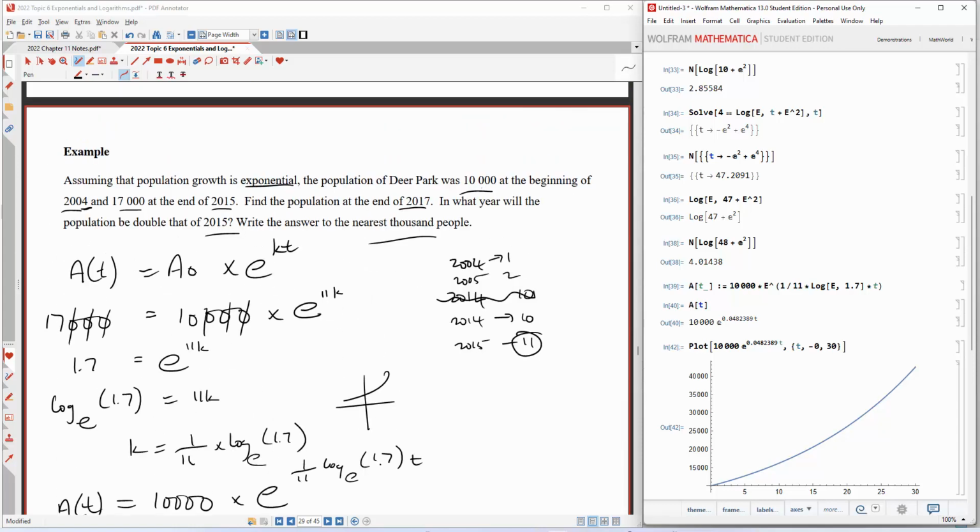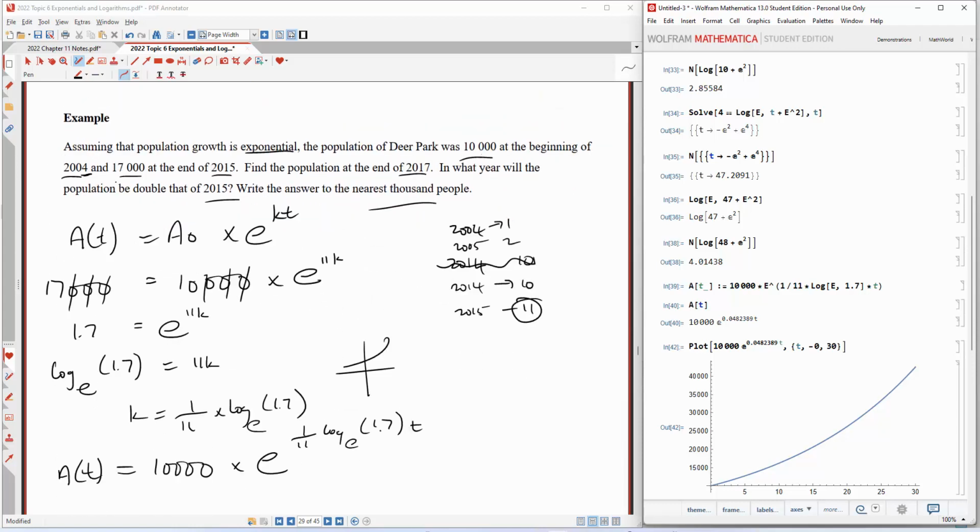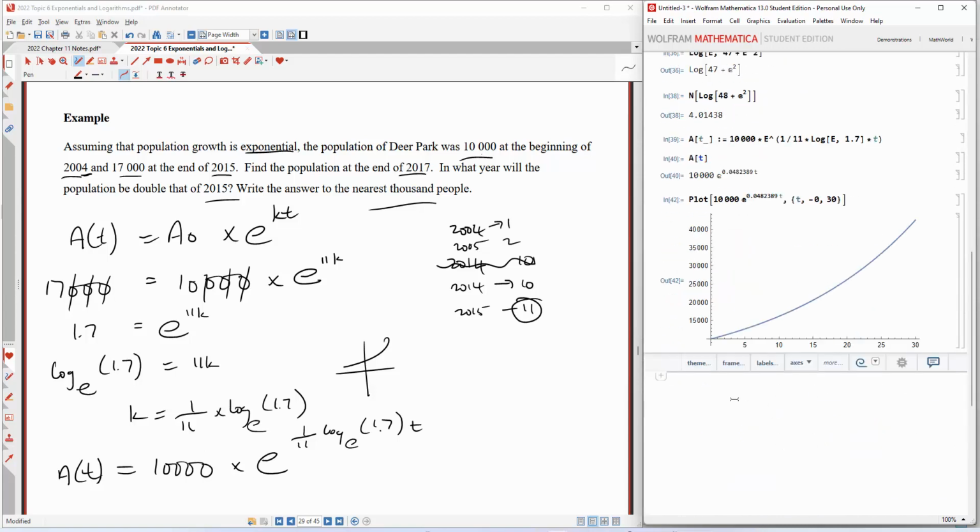Now, find the population at the end of 2017. At the end of 2015 it was 17,000? Let's try that out. A of 11: we stick 11 into the function, and it says 17,000. That's a good sign. The end of 2017 is 2 years after that, so it's going to be A of 13.